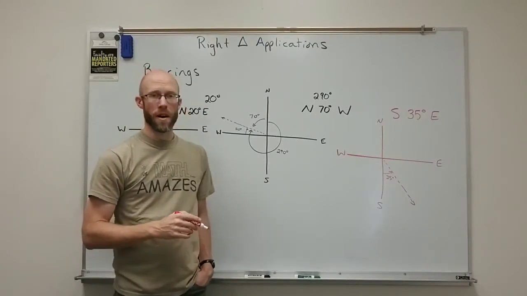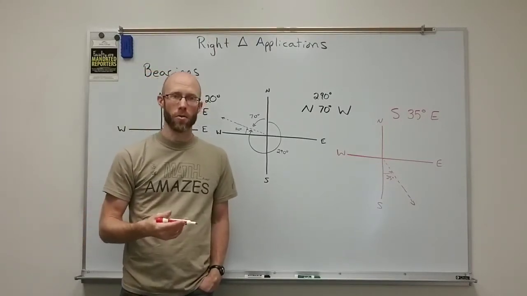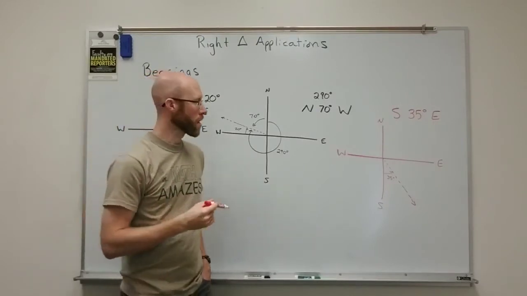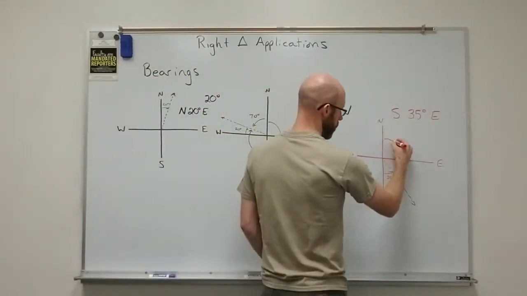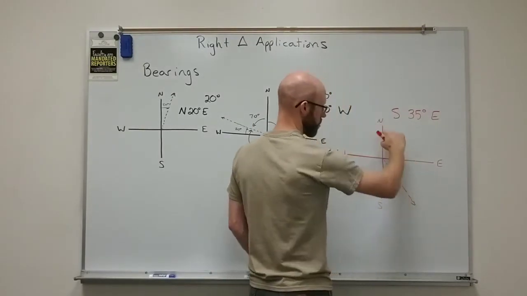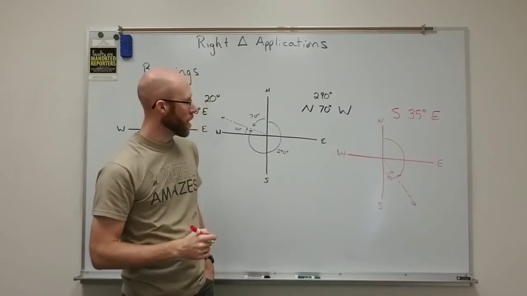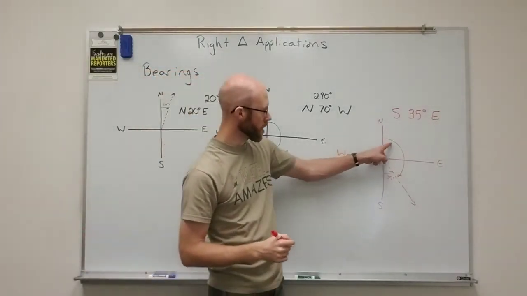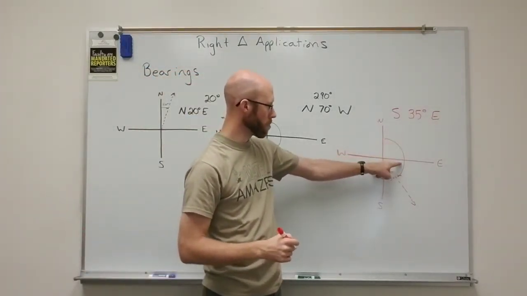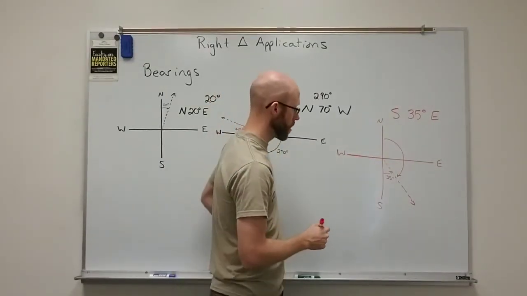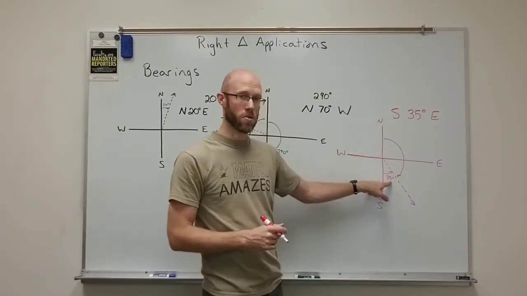Now, if you wanted to find the bearing in the other notation where you just go clockwise off of the north, you would be looking for the angle coming down from north into that southeast quadrant, which would be this 90-degree angle plus the remaining between the east and the bearing, which is of course 90 minus 35.